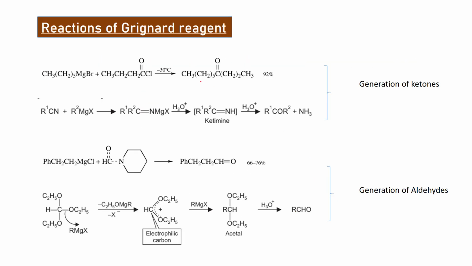There are some examples of Grignard reagent. This can be used for preparation of ketones, aldehydes, esters, acids also. If you add this Grignard to an acyl halide, it will attack at this place and remove the fluorine from the system, generating this ketone. If you add this RMgX to a nitrile, it will attack this carbon center and break one of the triple bonds and form this type of complex.